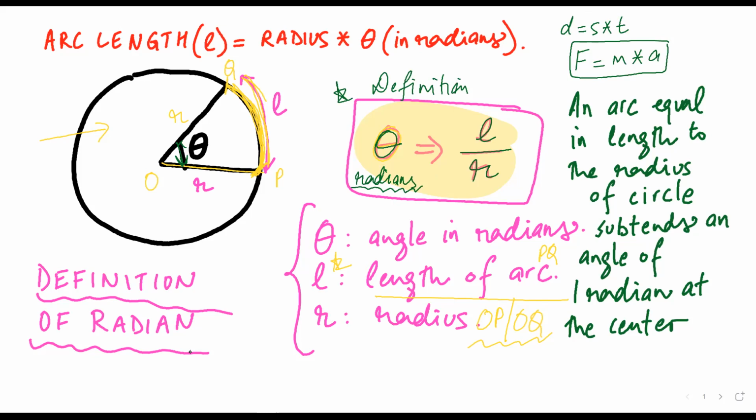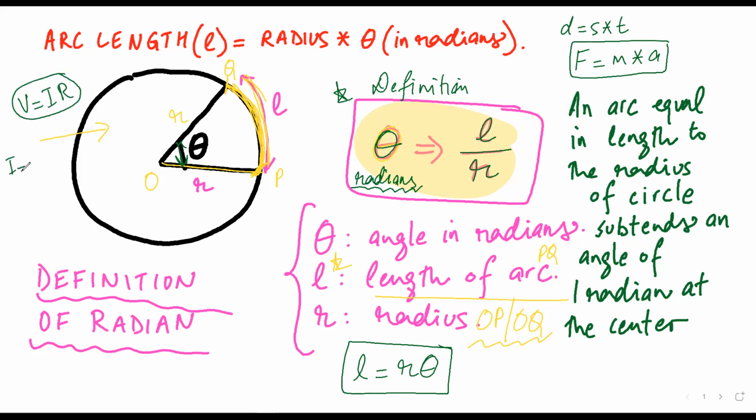One form would be theta is equal to L by R and the second form would be L is equal to R theta. Avantika, any doubt there? So again, it is like saying that V is equal to IR, electric potential is equal to current into resistance. Therefore, I would be equal to V by R, or R would be equal to V by I. Any problem till here?